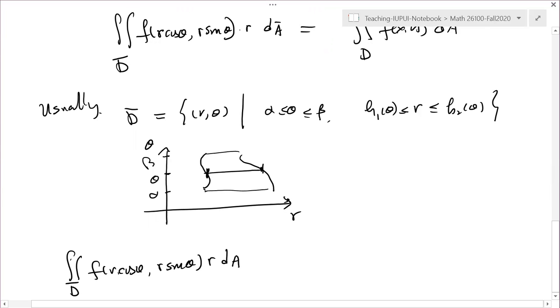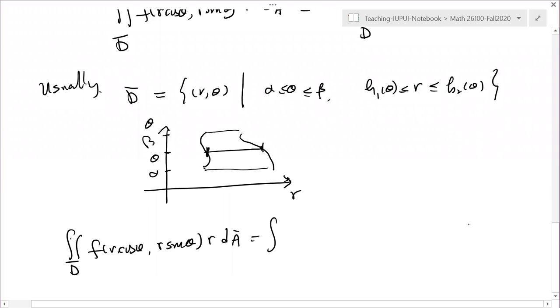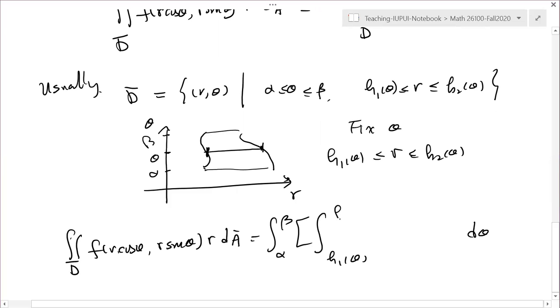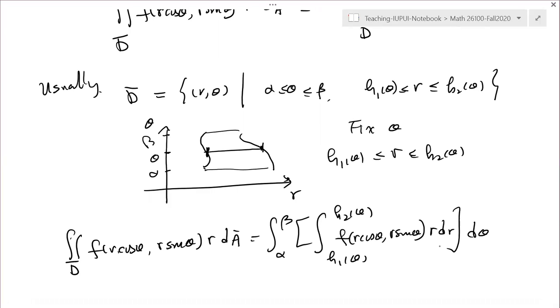Theta is outside, between alpha and beta, and for fixed theta, r is between h1 of theta and h2 of theta, and the integrand is f of r cosine theta, r sine theta, times r dr. If the domain is expressed in this form, that is the only iterative integral you can use to evaluate this double integral. So let's take a look at some examples.